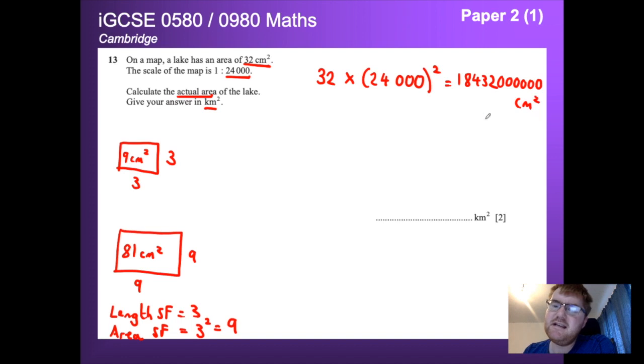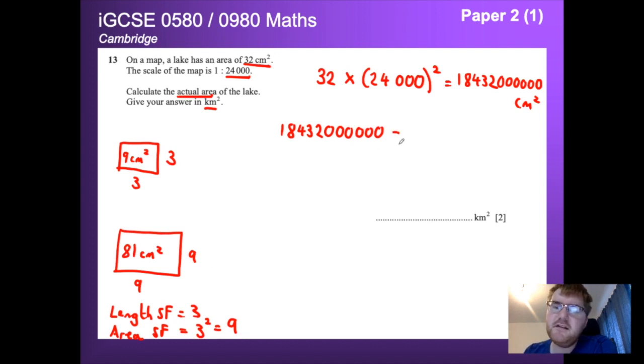But we need to get this in square kilometers, so we're going to do this in 2 stages. I'm going to take my number, 18432 and 6 zeros. You don't have to write this in the exam. First, I'm going to convert that into square meters using the same logic.